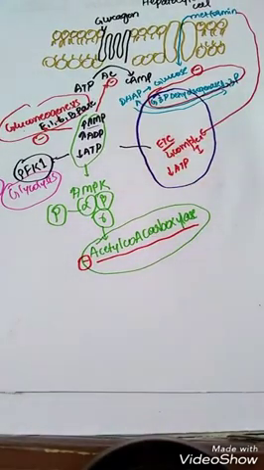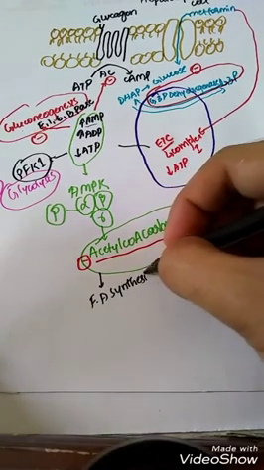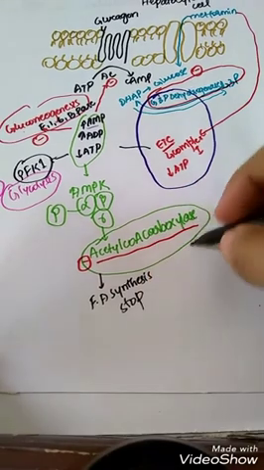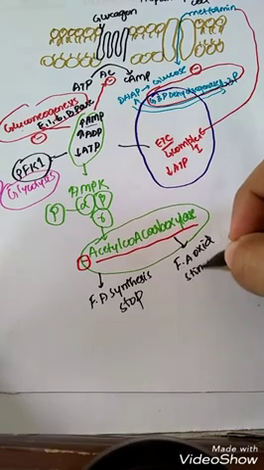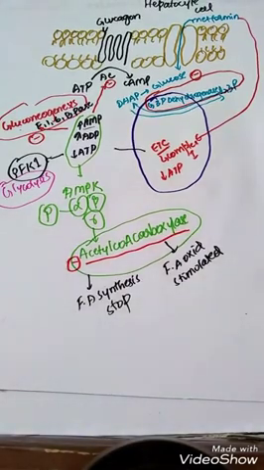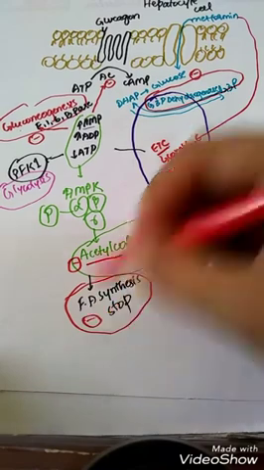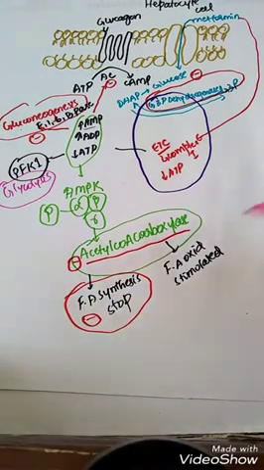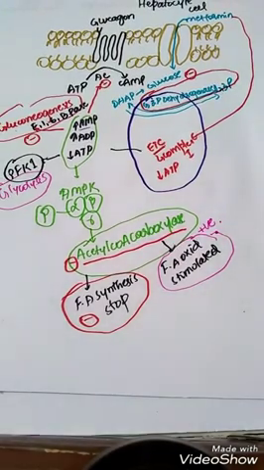So what happened? Fatty acid synthesis will be stopped and fatty acid oxidation is stimulated, because no malonyl CoA is there, and we know that malonyl CoA inhibits fatty acid oxidation. So fatty acid synthesis is inhibited but fatty acid oxidation is stimulated. So this way it is stimulating insulin sensitivity.